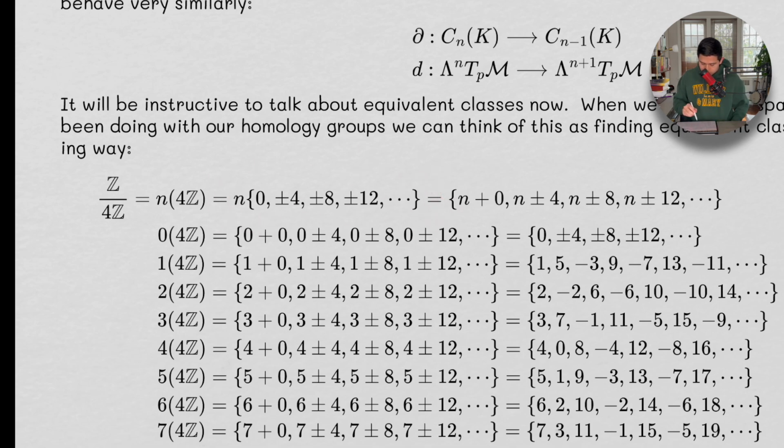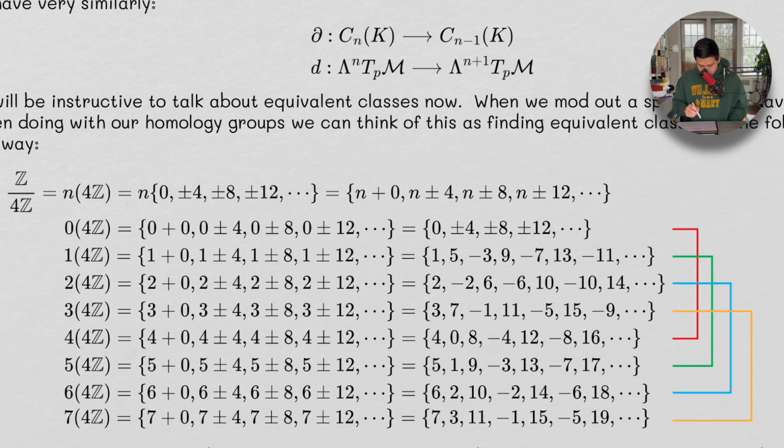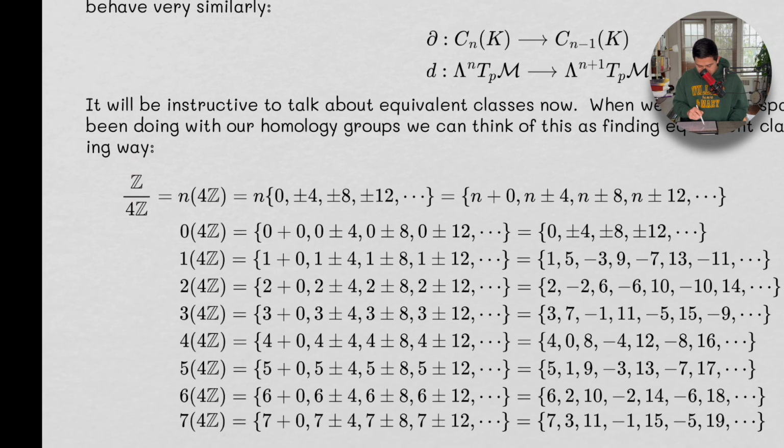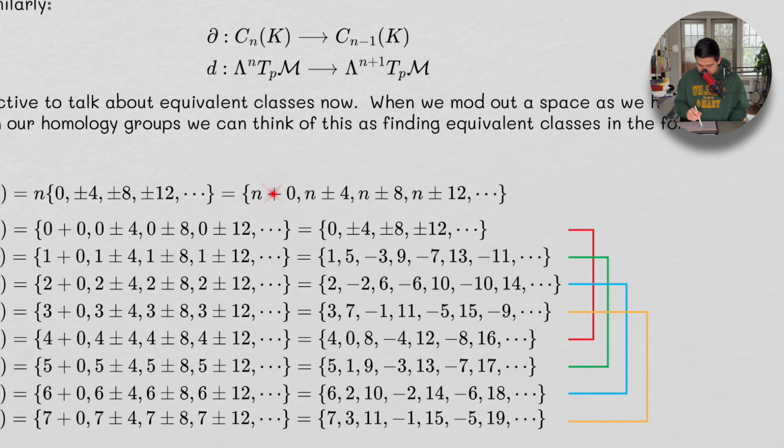This is going to be our space of all, so n is going to come from Z here, and when we distribute everything into this set, we get this, right? So n plus 0, n plus minus 4, n plus minus 8, n plus minus 12.